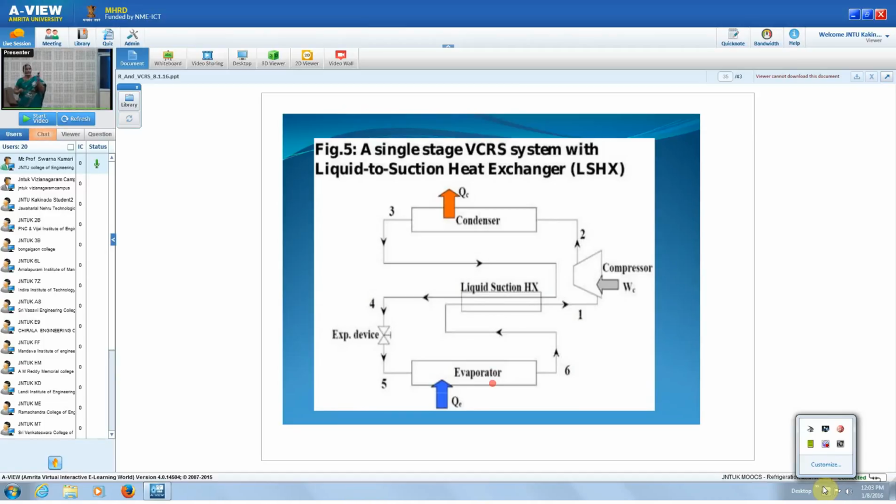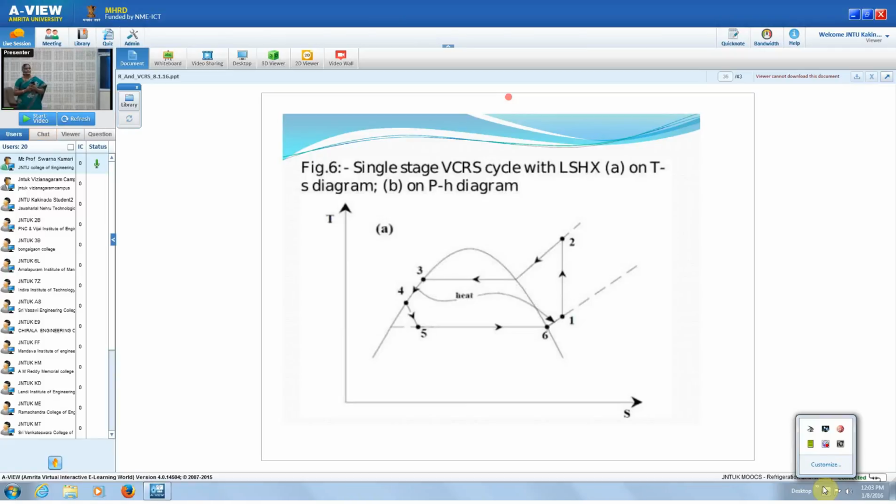So this LSHX, the liquid to suction heat exchanger, is mainly used for dry compression, with some superheating at the suction of the compressor and also subcooling. With this we can increase the refrigeration effect and also the COP.